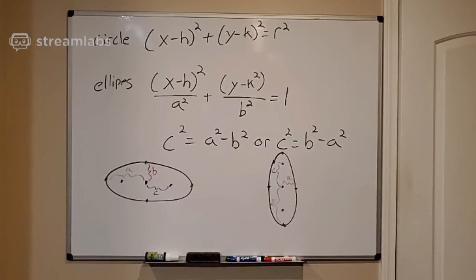The foci are the middle, and the middle of the foci is the center because both of them are out a distance of c. Same thing with the vertices. The vertices are on direct opposite sides of the center, so right in the middle of both the foci and the vertices is going to be your center.